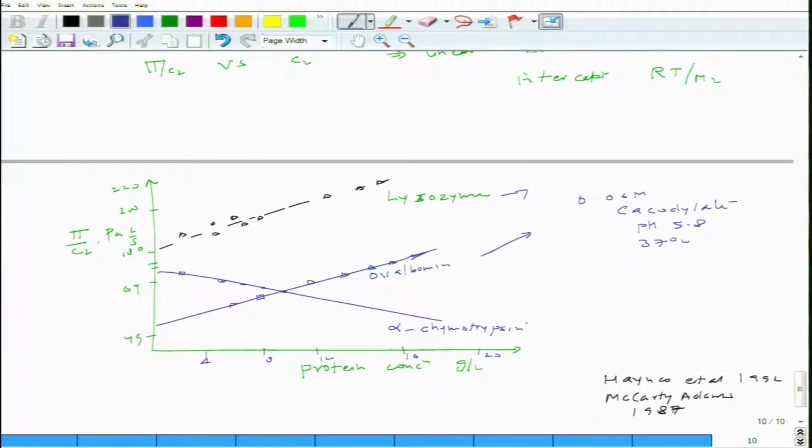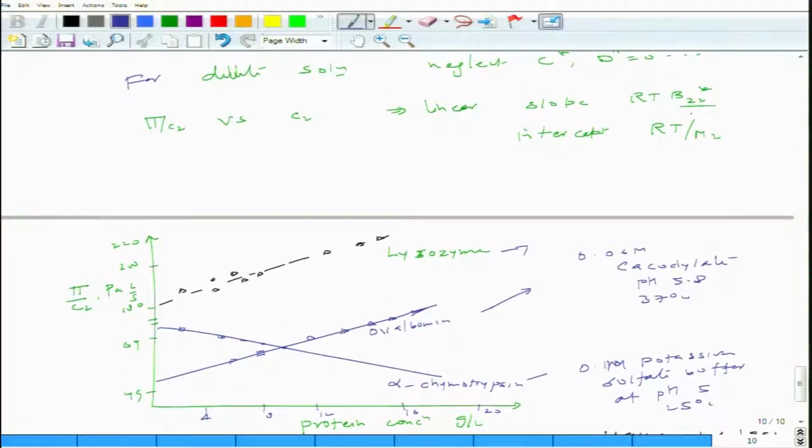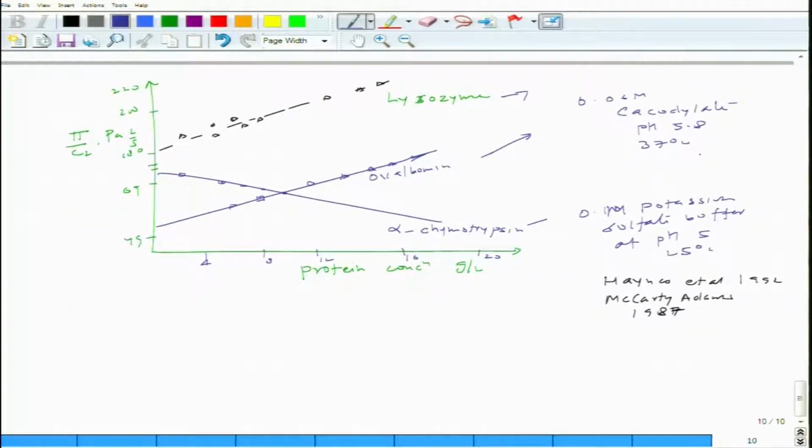For the case of chymotrypsin, it is in 0.1 molar potassium sulfate buffer at 25 degrees Celsius. Now, although this is a very dilute solution, using this data you can obtain the slope and the intercept. From the slope you can get B22, and from the intercept you can get your molecular weight, and that is what has been done.